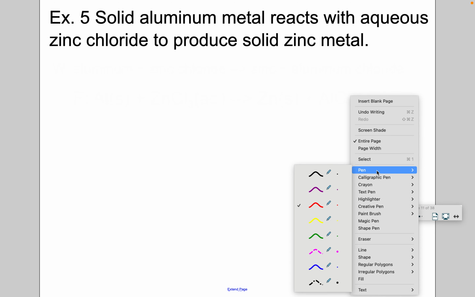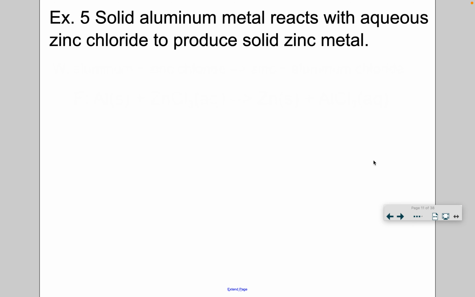Okay, the next example. Solid aluminum, or aluminium, metal reacts with aqueous zinc chloride to produce solid zinc metal. I feel like I'm missing some information here, so let's look at this.